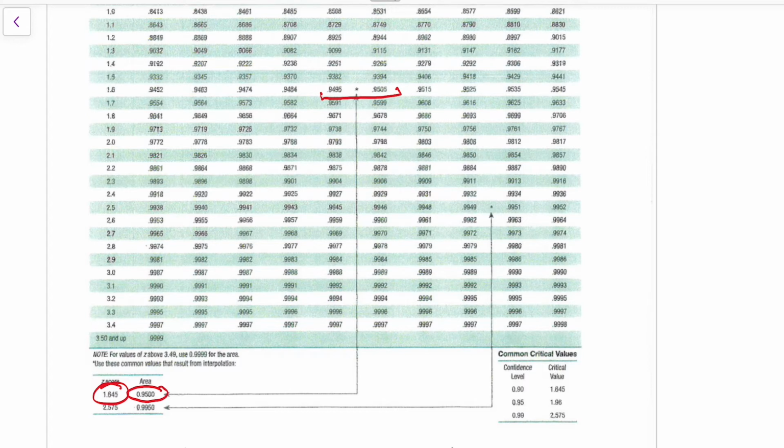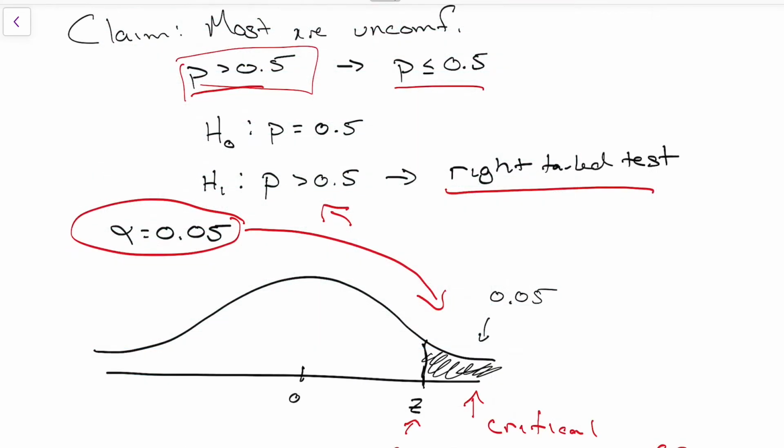That is not our test statistic, but that is the value that marks off the critical region. So we can put that down in our standard graph. Again, what that analysis told us was this z-score is 1.645. That will mark off the critical region when we compute our test statistic and use the critical values method to test the claim for this proportion.